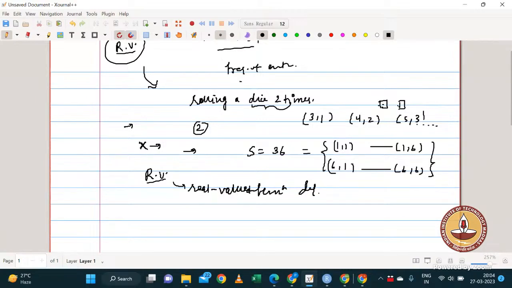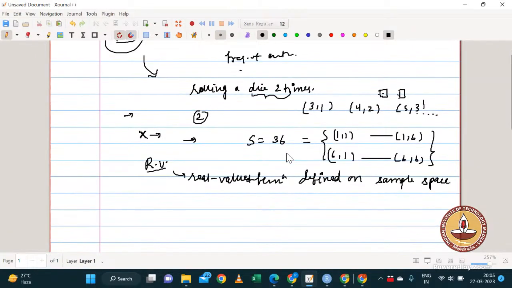Basically I roll a die two times, and I can get any of these 36 outcomes. I define my random variable x such that the sum of the outcomes is, let's say, 5.